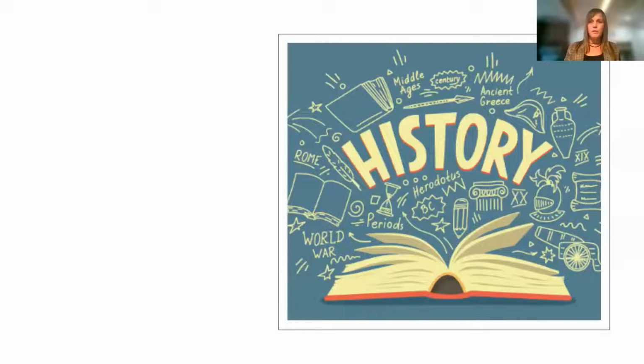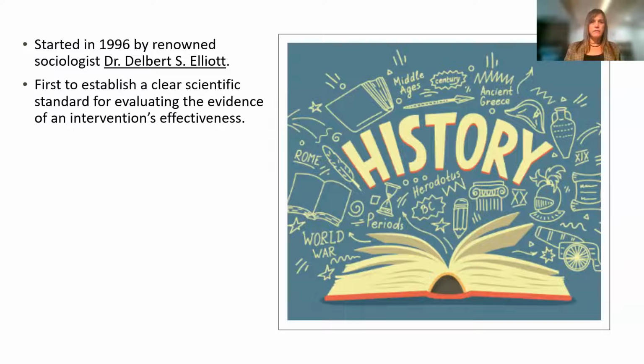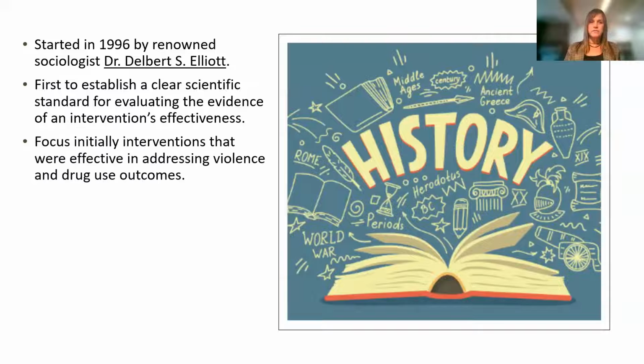So where did we come from? What is our history? Blueprints is actually the longest standing clearinghouse, not only throughout the United States, but internationally. We were started in 1996 by Dr. Delbert Elliott from the University of Colorado. We were the first to establish a clear scientific standard for evaluating the evidence of an intervention's effectiveness.